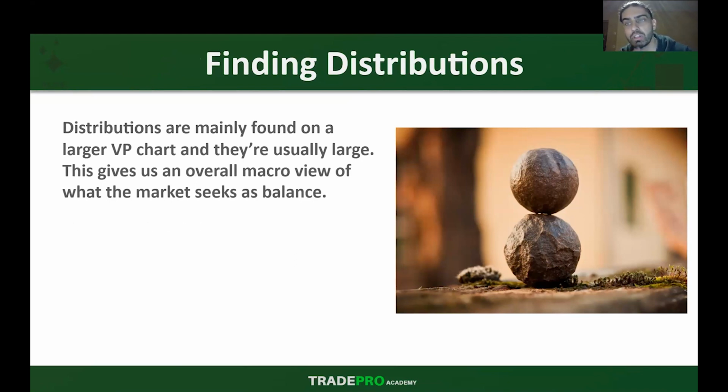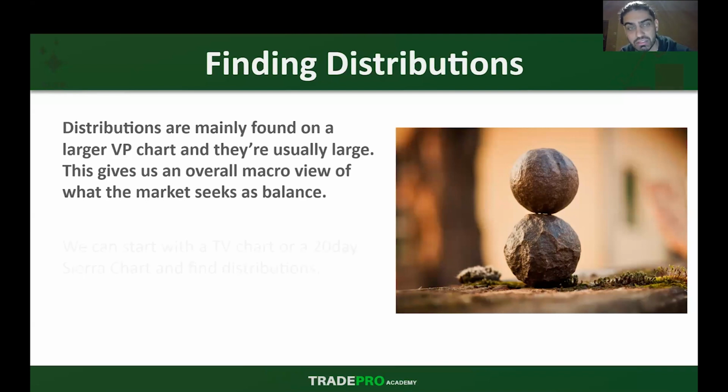They're usually very large, so a large distribution can be defined at like 30, 50 points realistically. You're not going to find large distributions that are like 15 points. You're looking for these very thick areas which present the opportunity for those very large moves in the market.